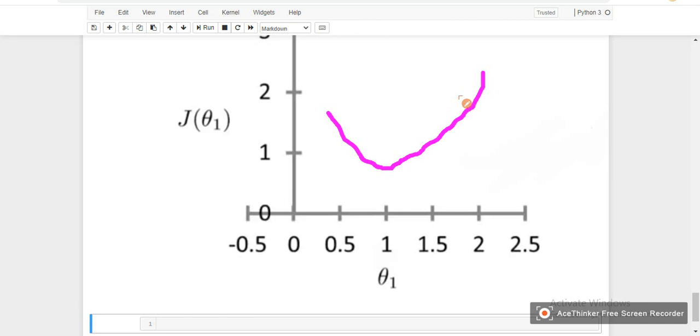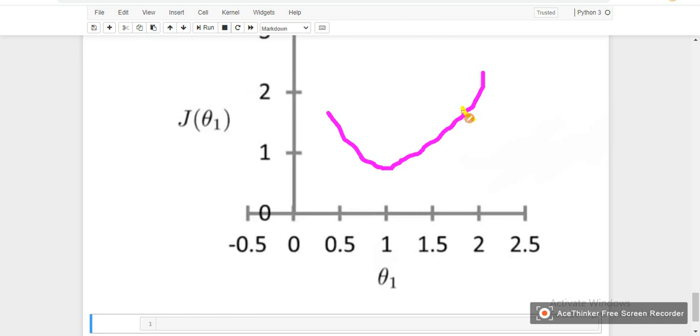If you initialize this model with a parameter theta 1 equals 2, in that case the cost of this function would be lying around here.